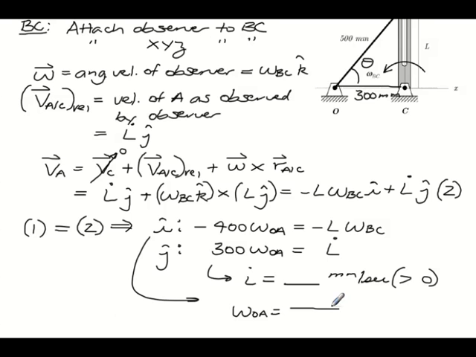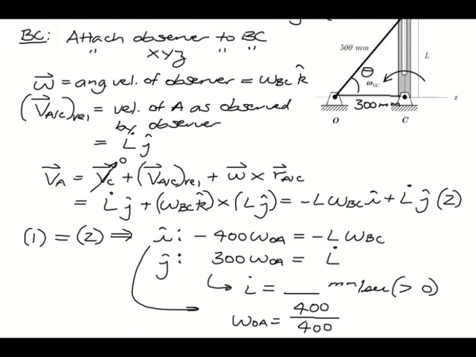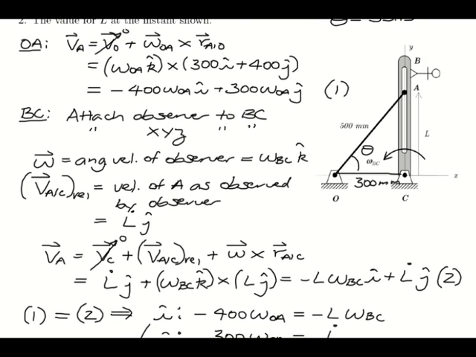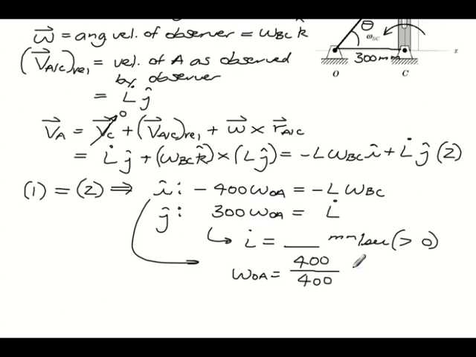L in this case we said was 400. And omega BC was a positive 6. So that's 6 radians per second.